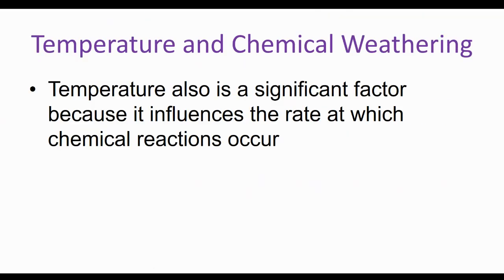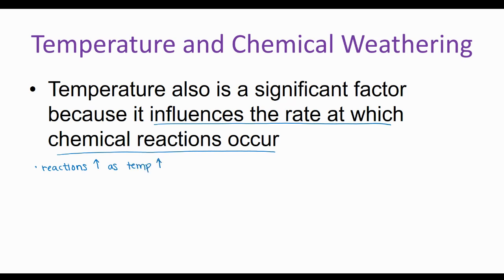Temperature also has an effect on chemical weathering because it influences the rate at which the chemical reactions can occur. What happens is that reactions are going to increase as temperature increases.